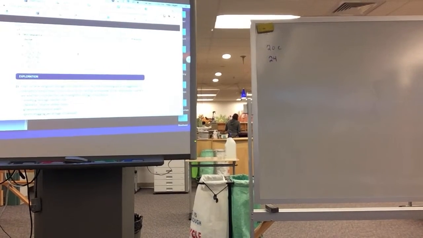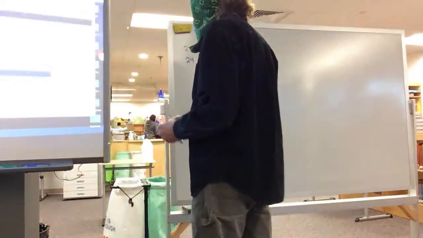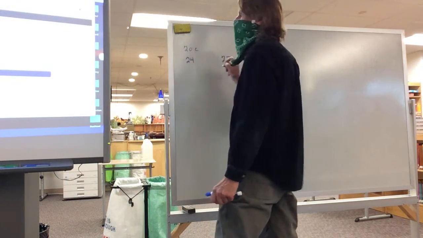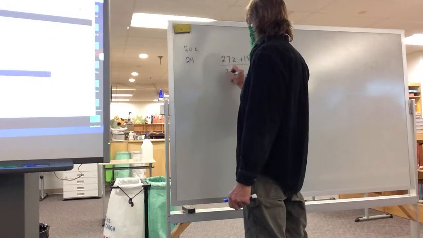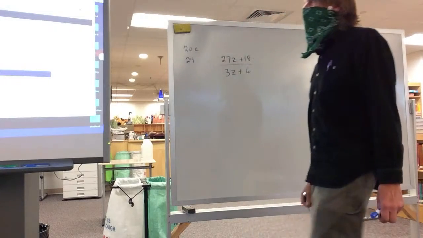I just divided everything by 3. Okay, and so I wasn't sure if I could just go straight horizontal, meaning that I could simplify it to 8z plus 4, or 8z plus 3.